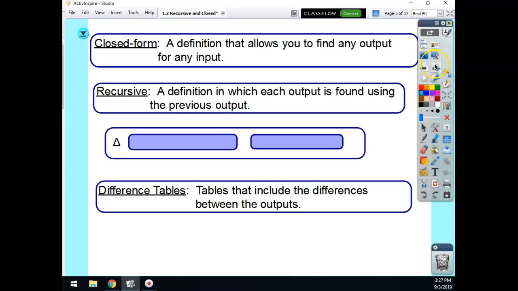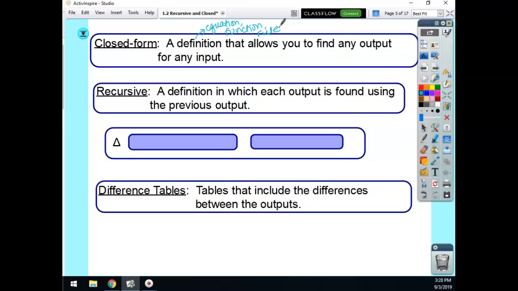So we're going to skip this little part. We're going to talk about closed form definitions, recursive definitions, and we're going to talk about difference tables. A closed form definition is a definition or an equation or a rule. So these are all words: equation, function, rule, all of these are good words.